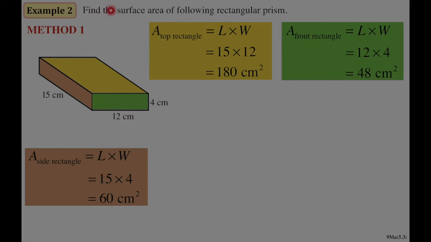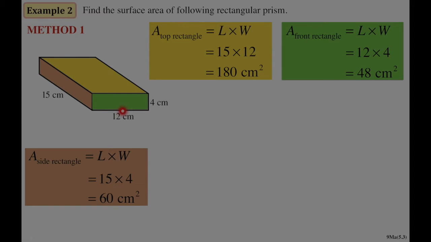Now to find the surface area of the entire shape, we need to take these 3 answers and add them together and then double it, because I know for the top rectangle there's a similar rectangle underneath that's the same size. For the front rectangle, I know there's a rectangle hidden away at the back there. I can't see it.